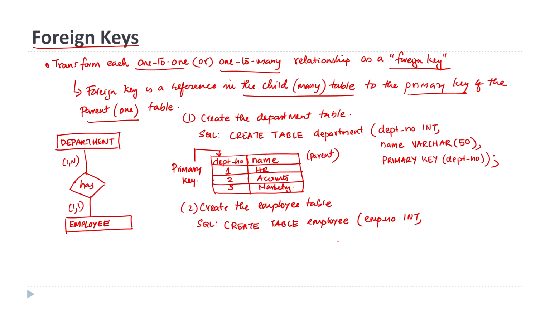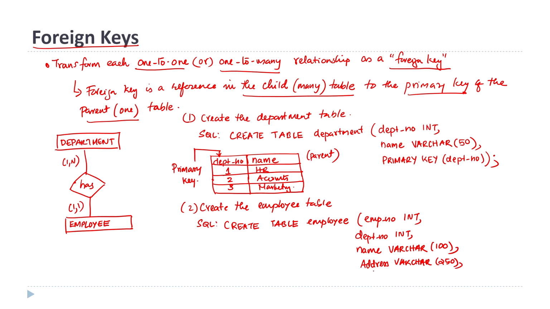Then I am going to say department number as also int. Name varchar 100, as the name of the employee in this case. Then address, for the time being, address varchar 250, something like this.